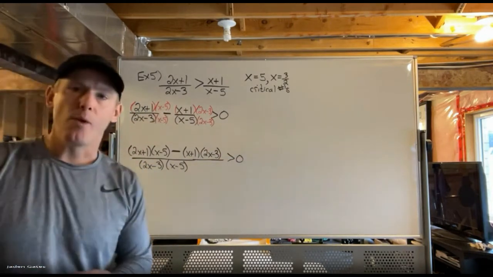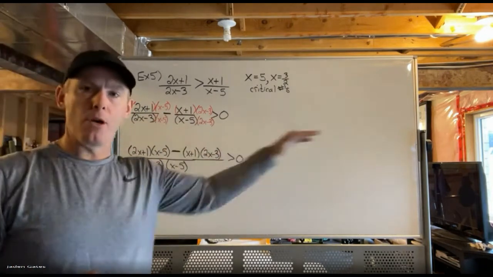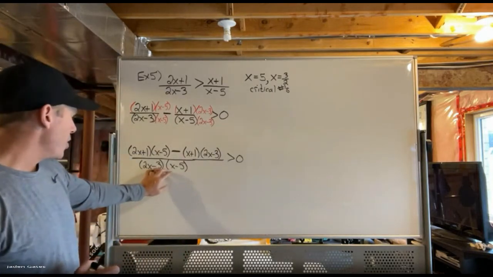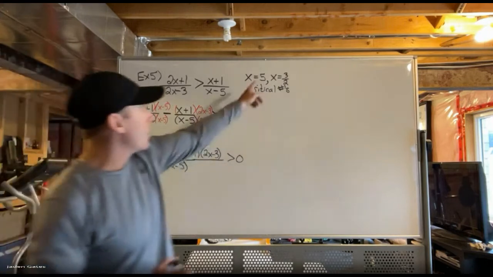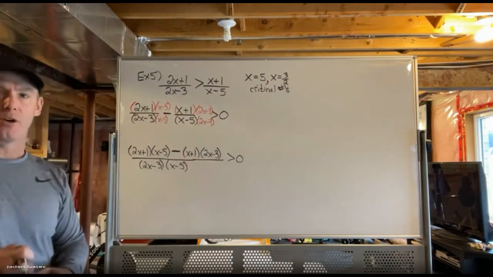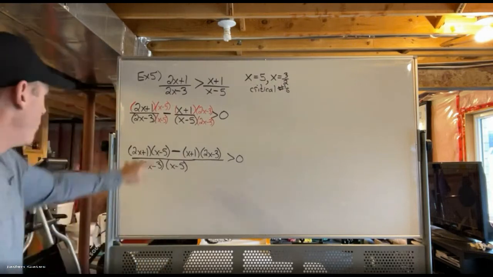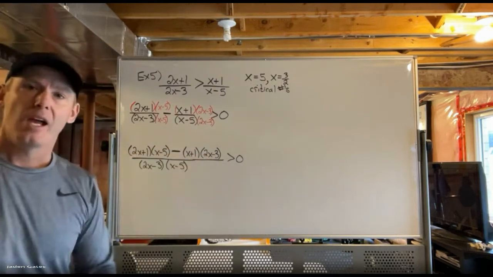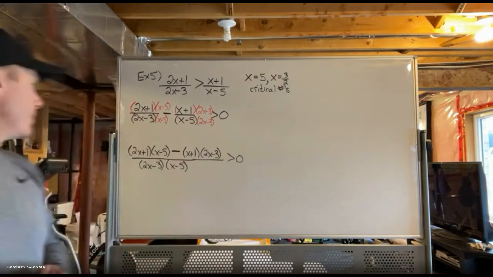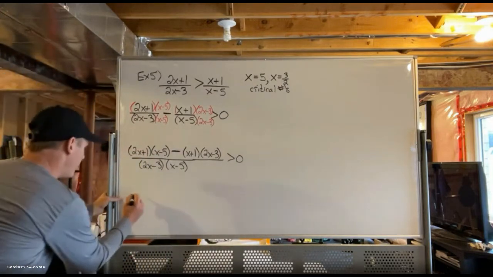All right, so again, when we're looking for numbers to put on our number line to find our intervals, we have to look at when the numerator or the denominator is equal to 0, which we already did right off the bat. But now we have to figure out when the numerator is equal to 0. So I'm going to have to do FOIL twice and then collect like terms and then see what I got, because then I'm going to have to solve it.